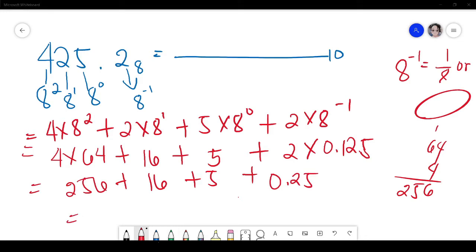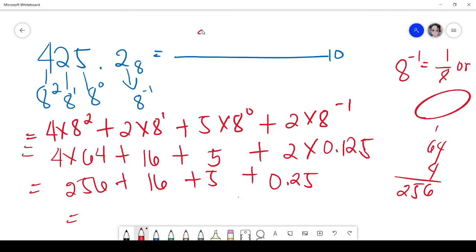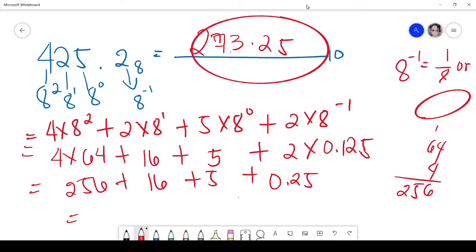Then add 256 plus 16 plus 5 plus 0.25 is 273.25. So this is now your answer, 273.25. So this is now your equivalent in decimal number system.